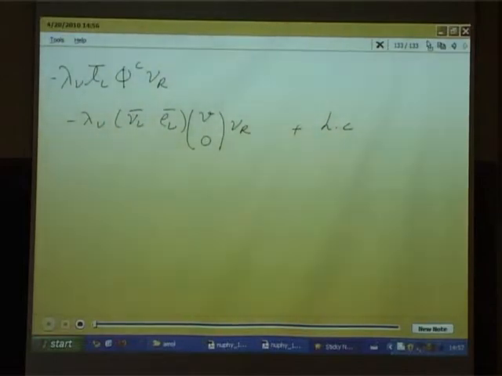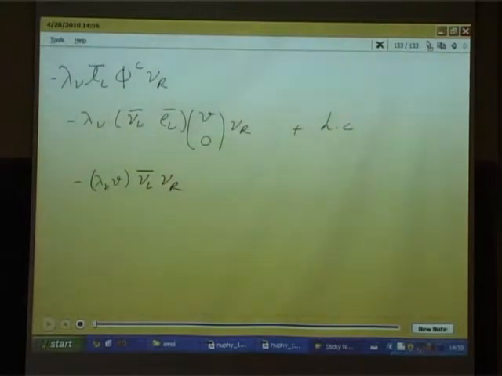So now this will give me minus lambda nu times v over root 2, nu L bar nu R. As long as I do this, my electroweak symmetry breaking has given me the mass formula.